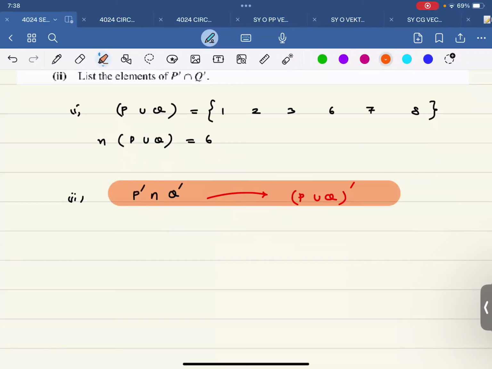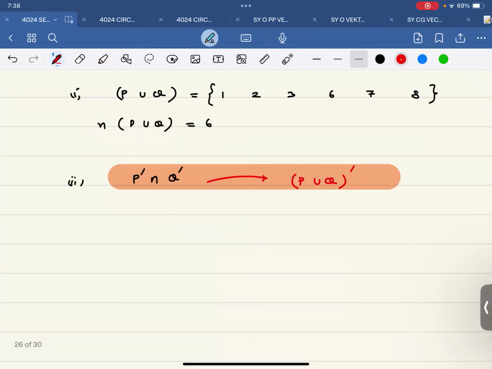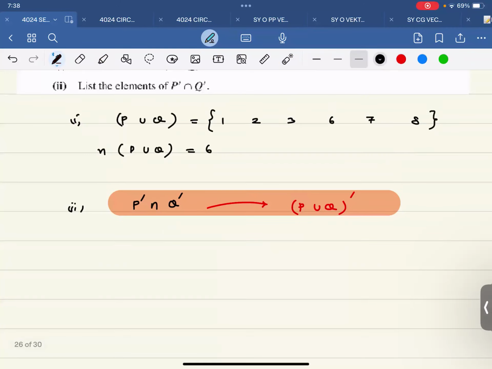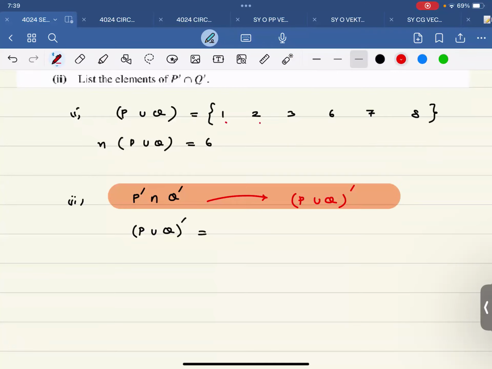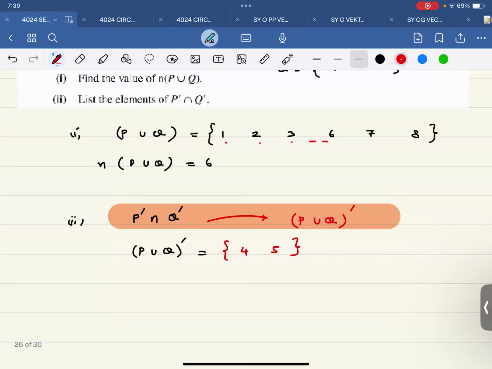So this is the rule that we are using. So therefore, I'll write P union Q is this. So P union Q, the whole thing complement, that is 1 is here, 2 is here, 3 is here, 4 is missing, 5 is missing. So 4 and 5, those are the elements, and that is what we were looking for.